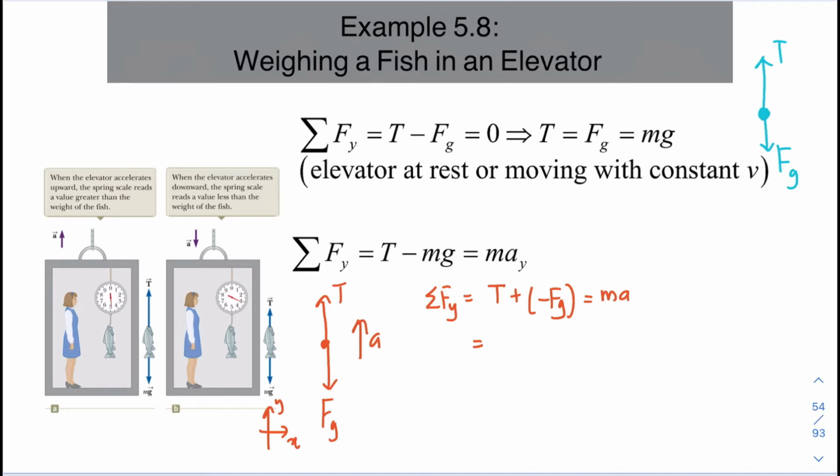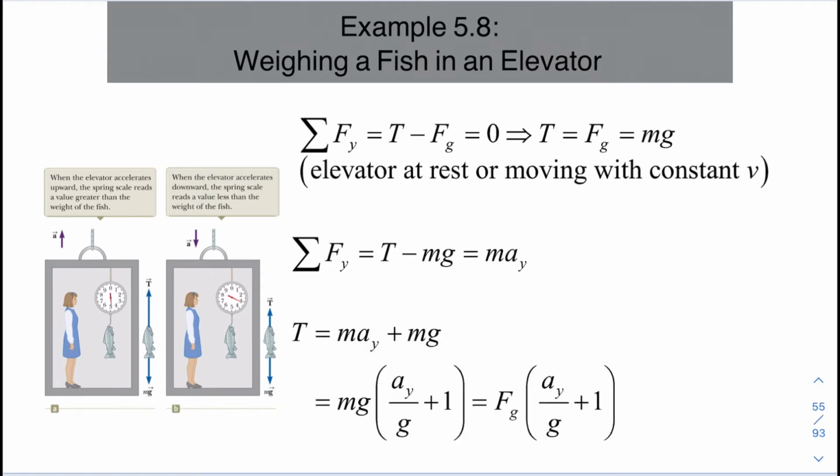So from here, the reading of the scale is the T. You have MA plus Fg, which means the reading on the scale is going to be slightly bigger than the true reading, because you have to add up MA.